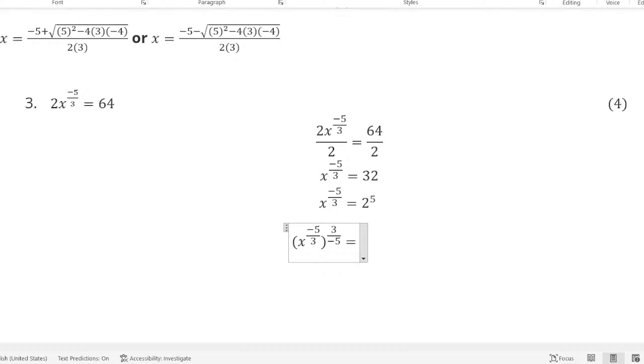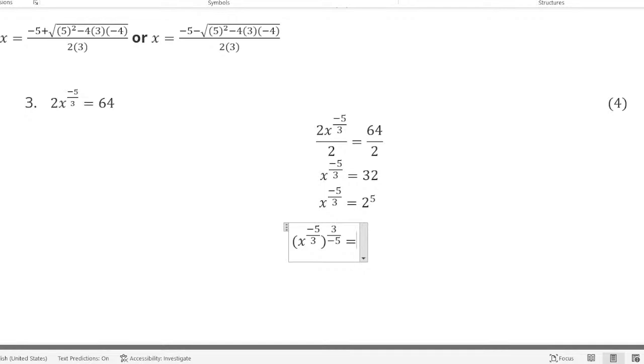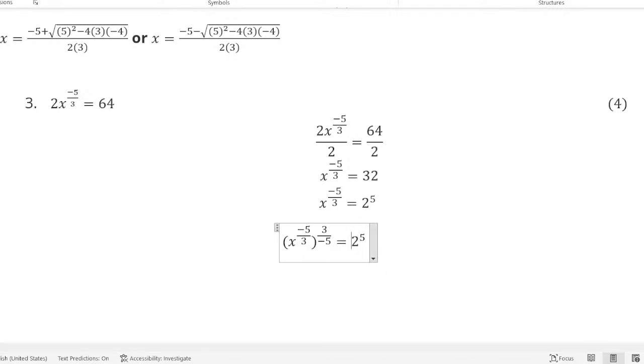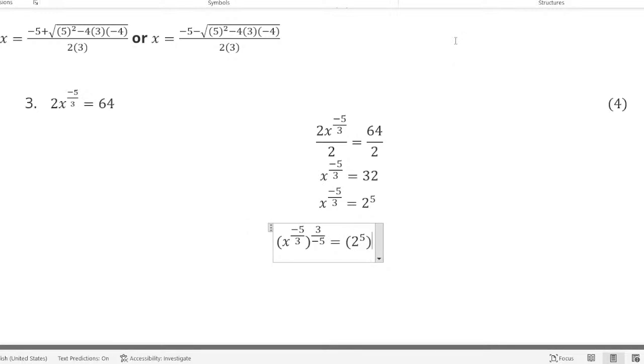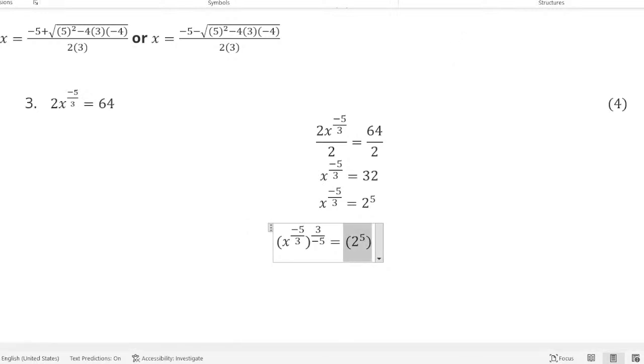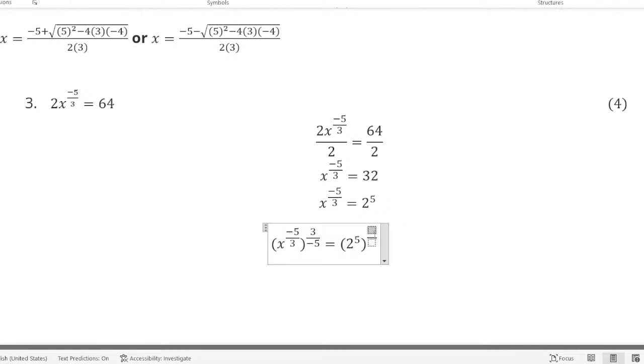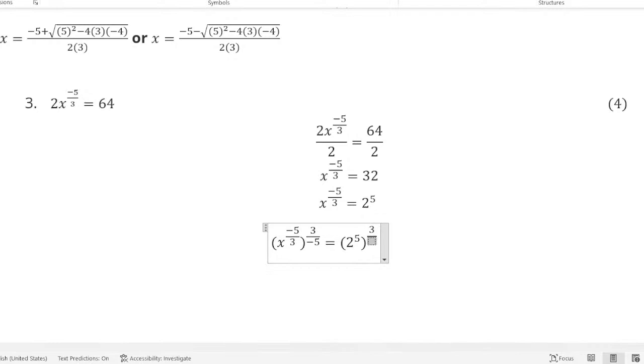So it is equal to 2 to the power 5, multiplied by 3 over negative 5.